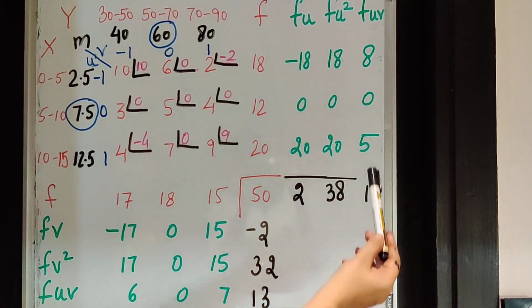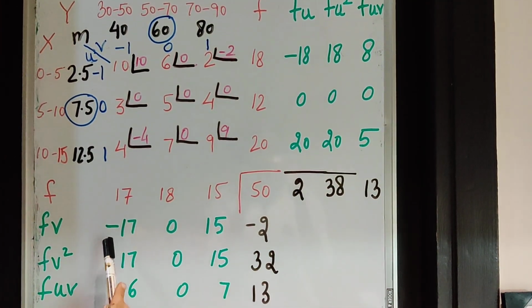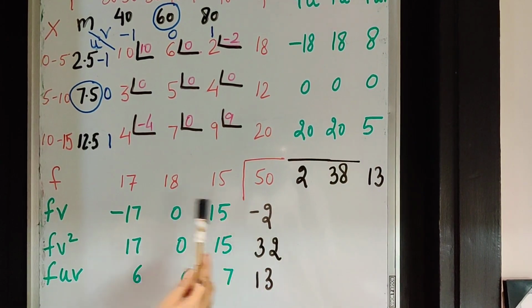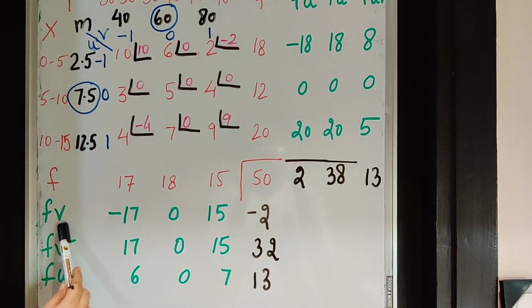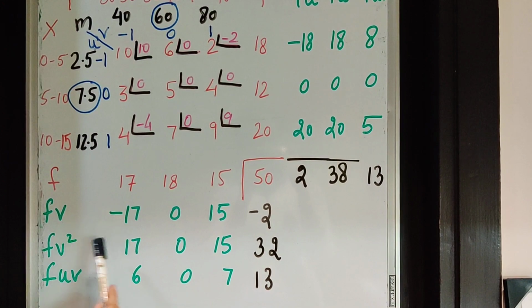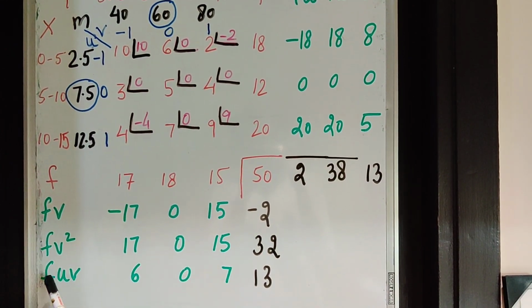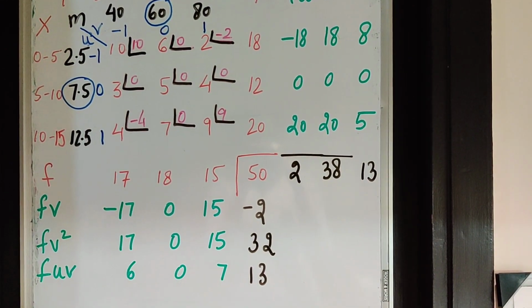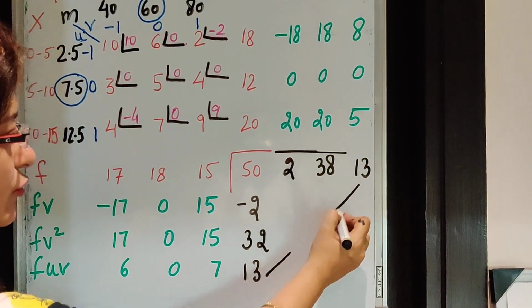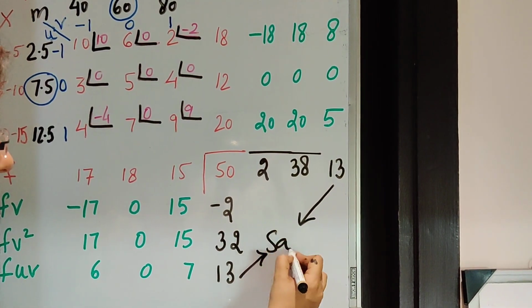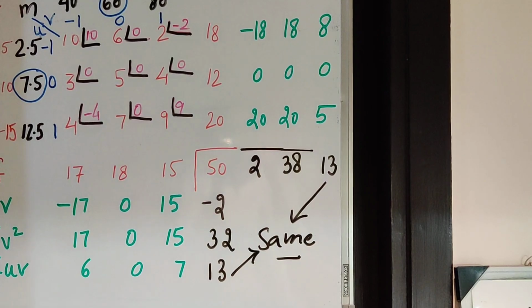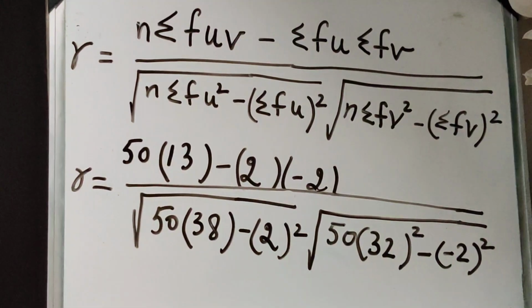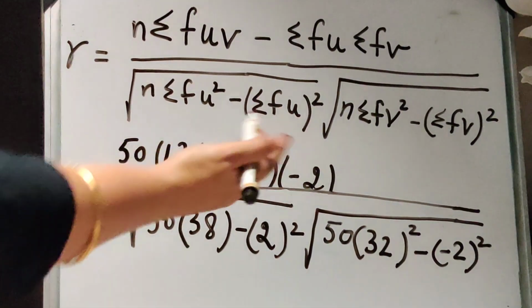Sigma FUV is 13. Then these are added together, I get minus 2 for summation FV. Summation FV square is 32 and sigma FUV is 13. And it must be observed that these two have to be same. That's a self check.